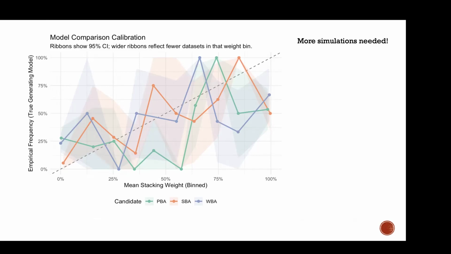If a model has a weight of 0.8, 80%, we expect it to be the right model 80% of the time. That's the diagonal line. Does it make sense?